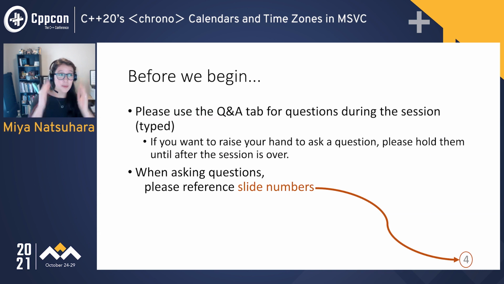Okay, so before we really jump in, I want to just talk some logistics really quickly. As questions come up during the talk, I'm happy to take them. I'll try to take them live as I can, where there are natural stopping points. For those, please use the Q&A tab, which you should be able to find pretty easily at this point since we're on day 4 of the conference.